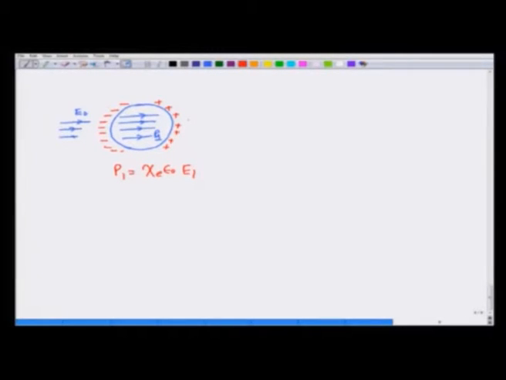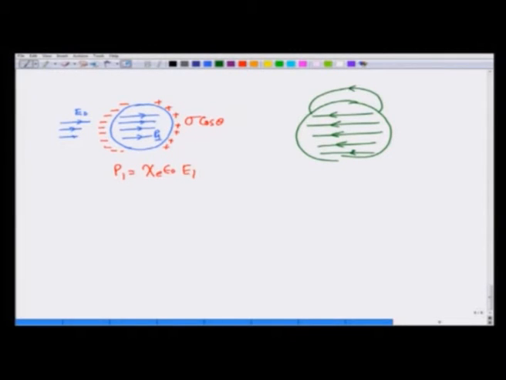I would expect the surface charge on this side to be sigma cosine theta. And you recall that sigma cosine theta gives me a uniform field inside the sphere, and outside it will be like a dipole field.